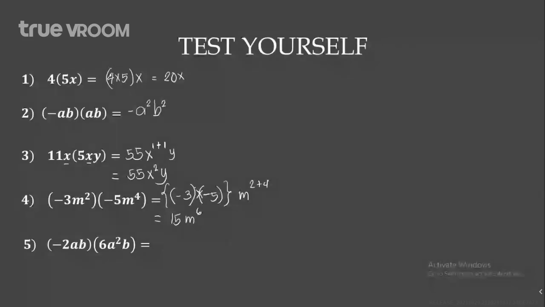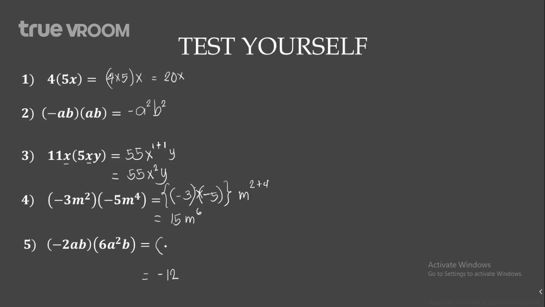Negative 2ab times 6 raised to 2b is equal to negative 12.